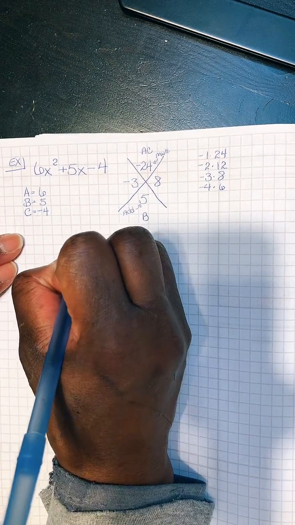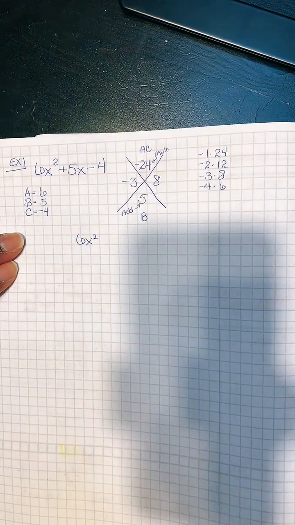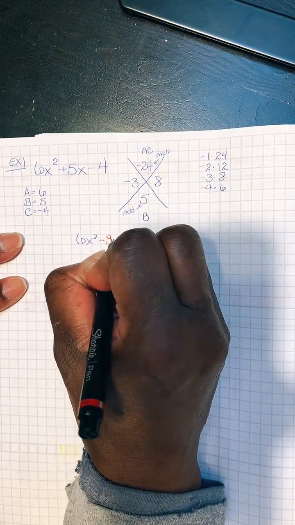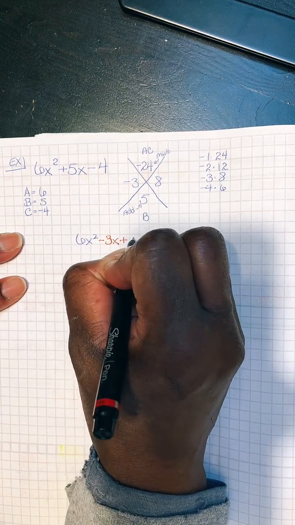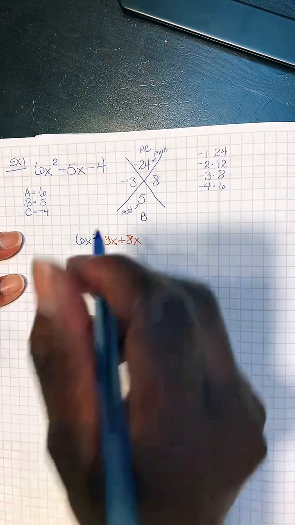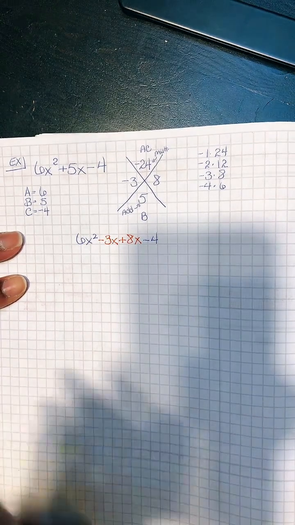So that means we have 6x squared, then we replace it with negative 3x plus 8x. And then we bring back the last term, which is my minus 4.